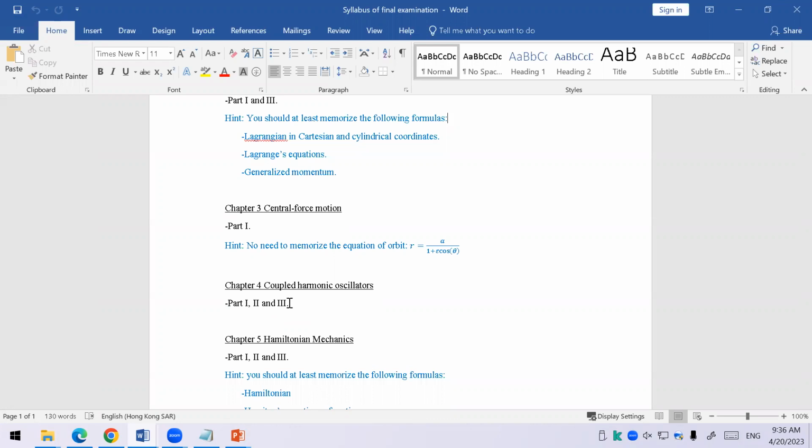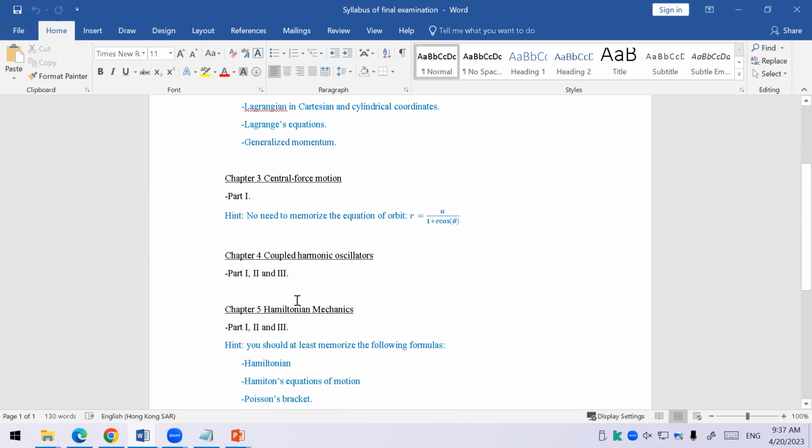You have a few particles connected with springs, and the way to solve the whole thing is always the same standard procedure. You just need to be familiar with finding the eigenvalues and eigenvectors.